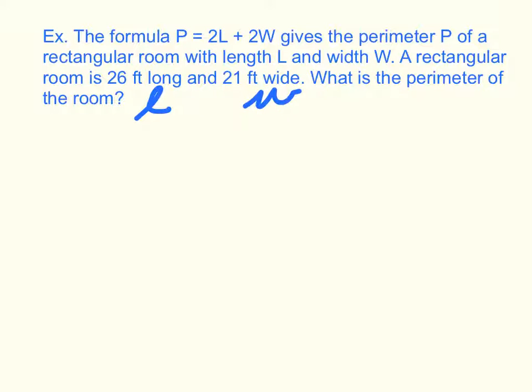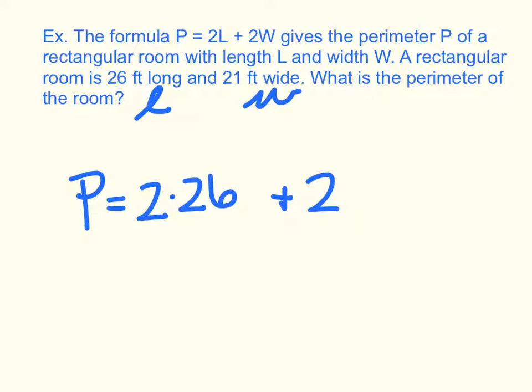So what is the perimeter of the room? Just like we were solving earlier, to find the perimeter, we can just plug those numbers in. I have 2L, or 2 times 26, plus 2W, 2 times 21. And if I solve these, I can find the perimeter of the room.